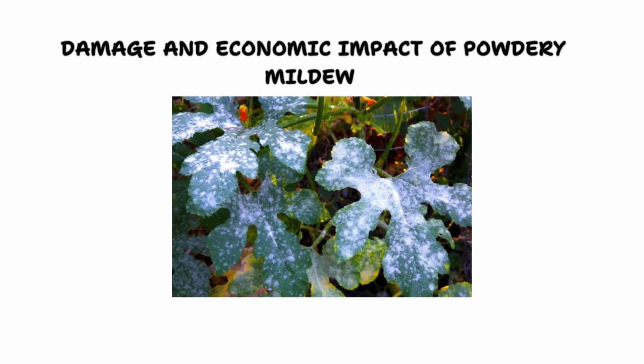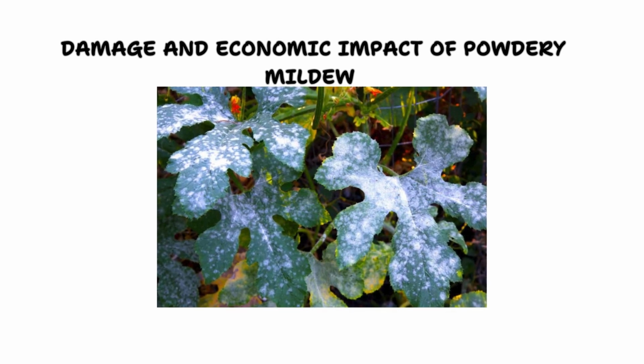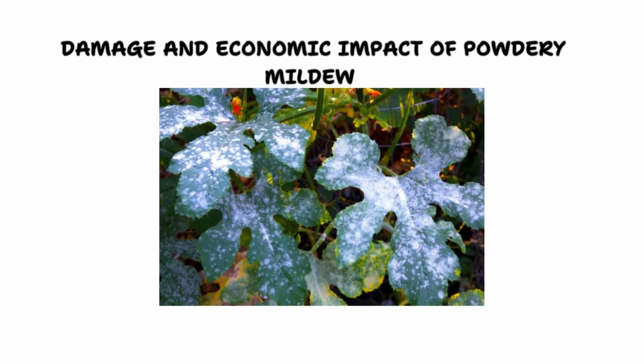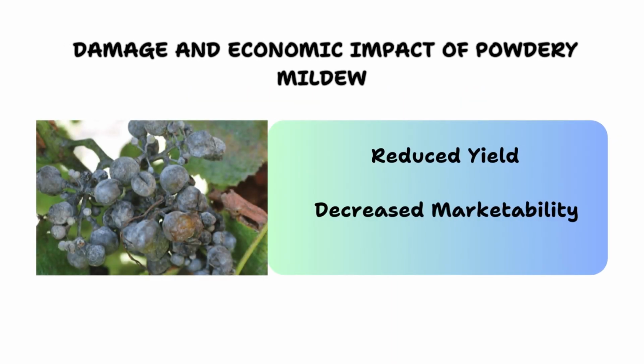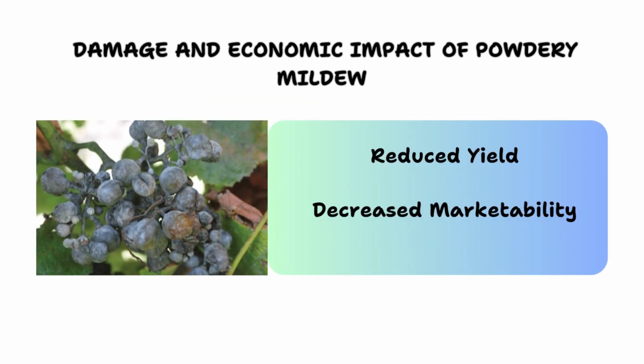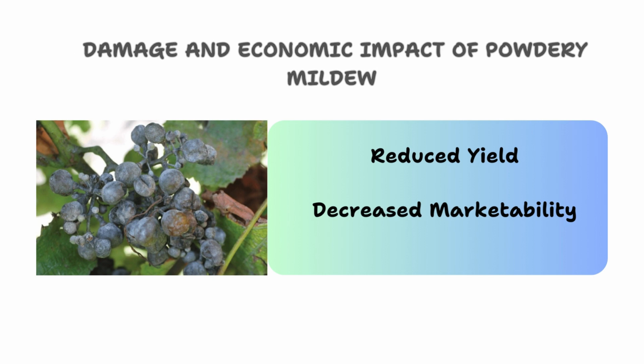The economic impact of powdery mildew is substantial as it affects a wide range of economically important crops. Infestations cause significant damage to crops, leading to reduced yield and quality, as well as increased production costs due to the need for control measures.